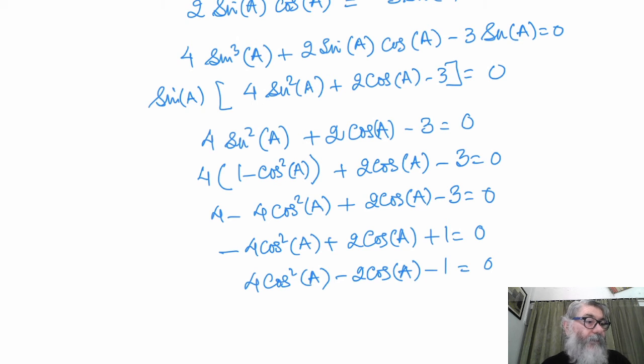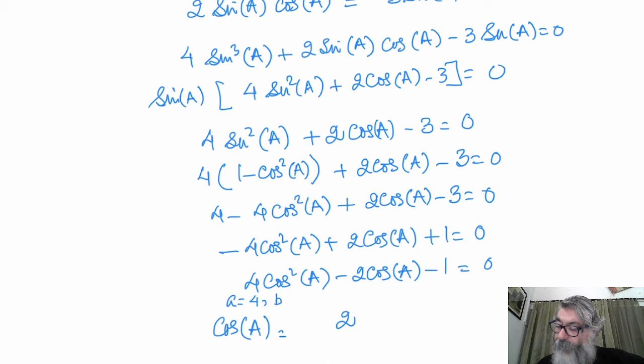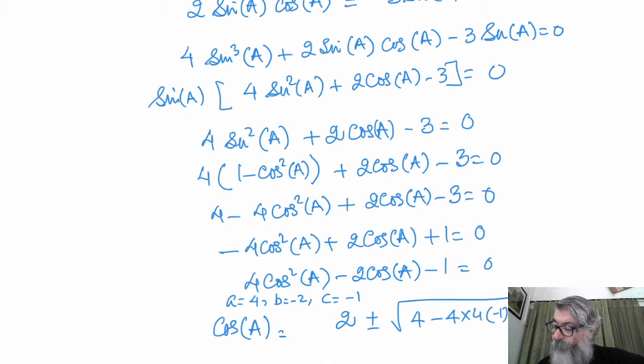We can calculate the value of cos A now. Cos A will be minus b, which is plus 2, because a is 4, b is minus 2 and c is minus 1, plus minus under root b square, that is 4, minus 4ac, that is minus 1, upon 2 into a.